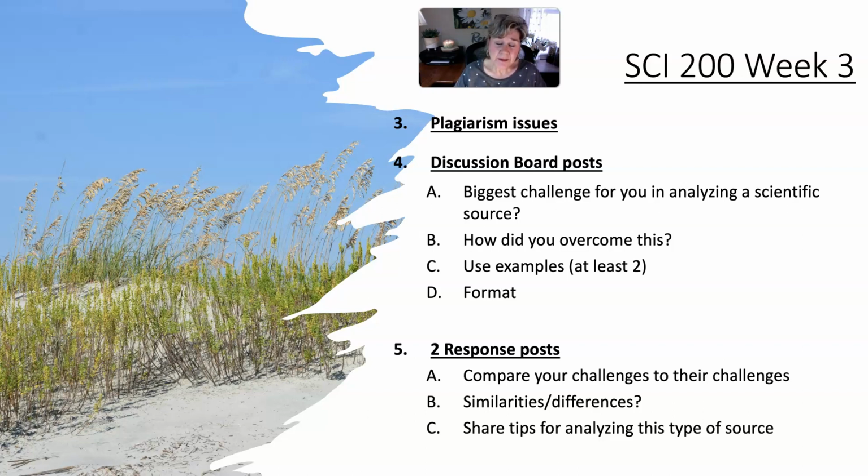How did you overcome this? Use examples. Okay, like in that article that I just showed you, VLP. I didn't know what that was. I know all about viruses. I know all about genetics. I didn't know what a VLP was. Virus-like particle. If you can learn one thing about geneticists, they love some acronyms.